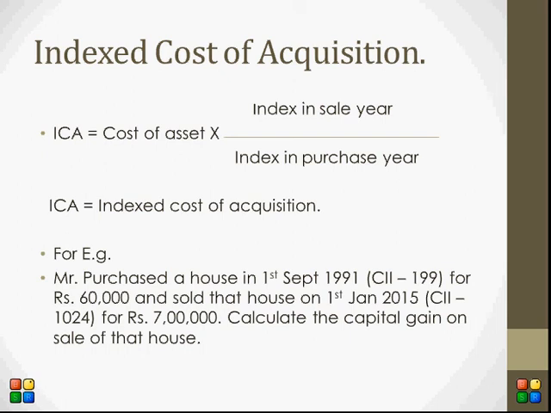For example, Mr. X purchased a house on 1st April 1991, where the cost index is, you can check, in 1991 it is 199, for rupees 60,000, and sold that house on 1st January 2015, where the cost inflation index is 1024, for rupees 7 lakhs.